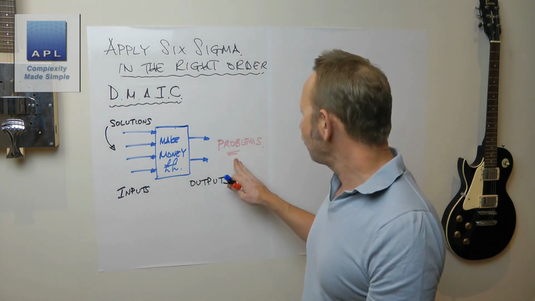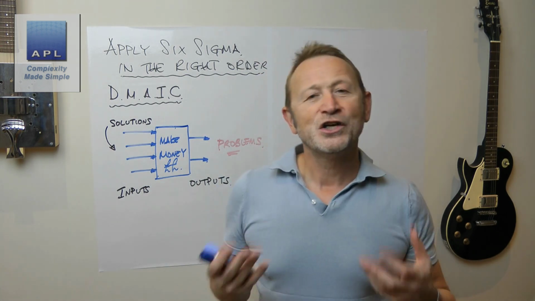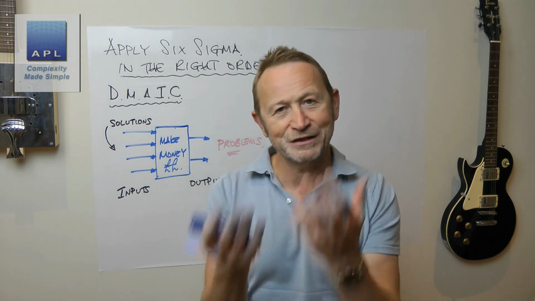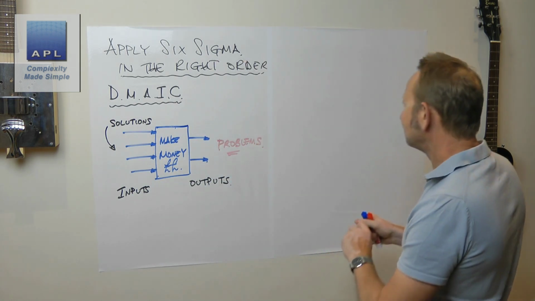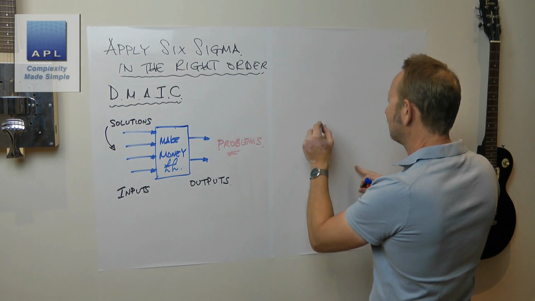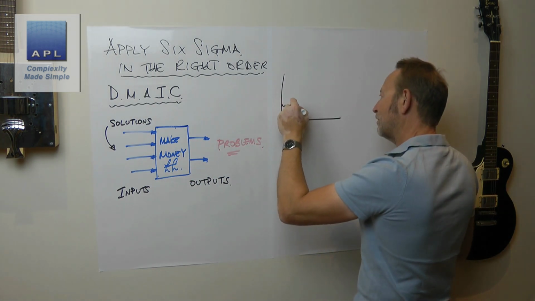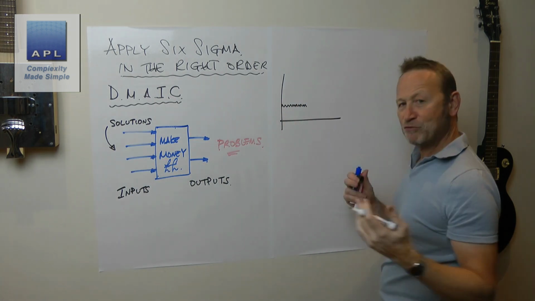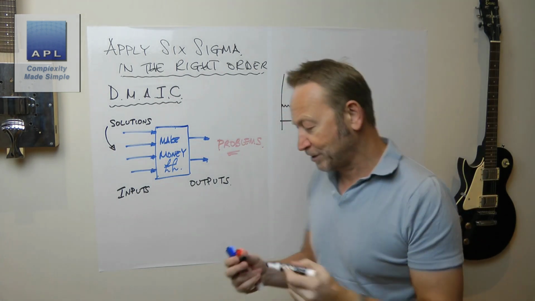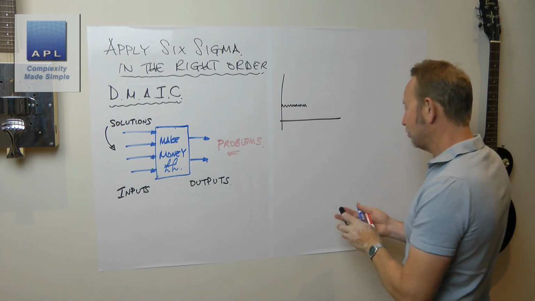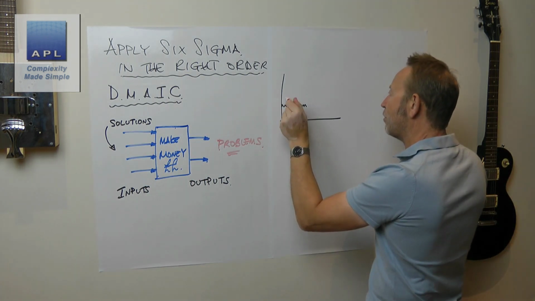Okay, your problems. Well, basically, there are two things that could be happening to your process. If I look at problem type 1, it looks like this. You have your process being very repetitive, very well controlled. It's doing something you want it to do all the while. Let's say there's a target here.